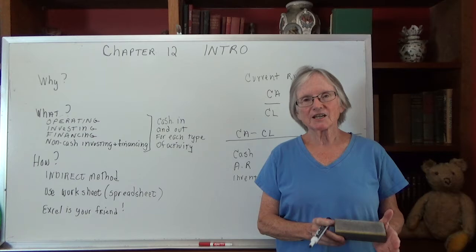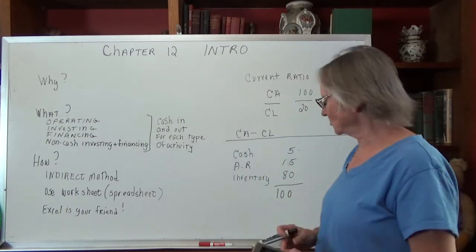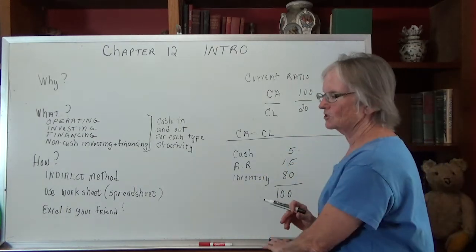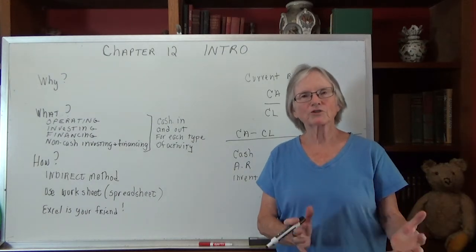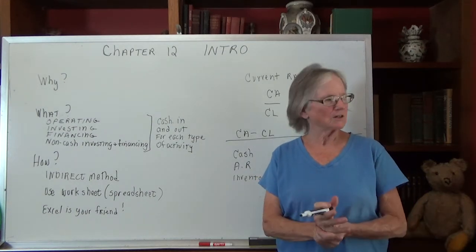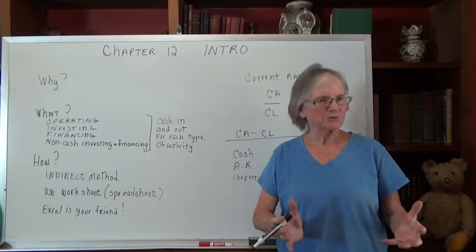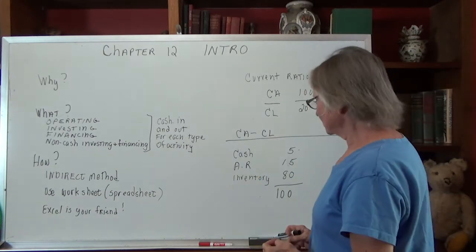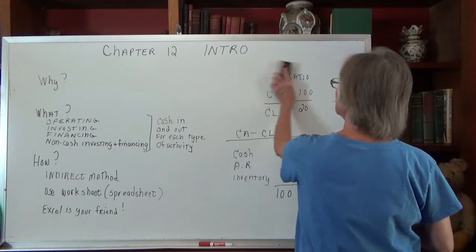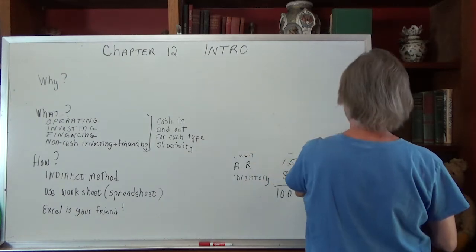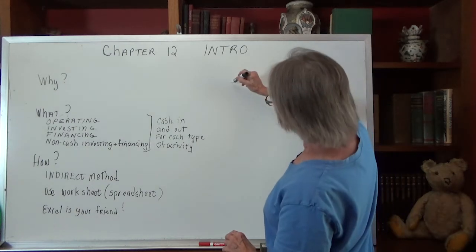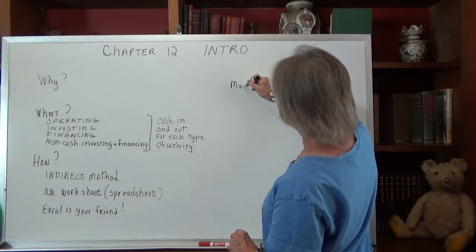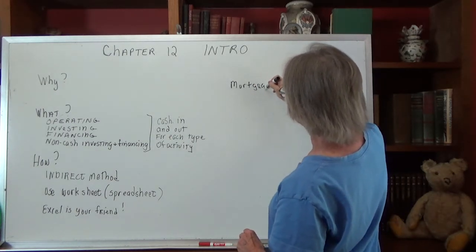This was also the time of the savings and loan crisis, when a bunch of banks had a lot of mortgages out, mortgages that they'd issued to people. The thing about mortgages is that it looked like they had a lot of assets because they had all these mortgages receivable. Like accounts receivable, they had mortgages receivable.